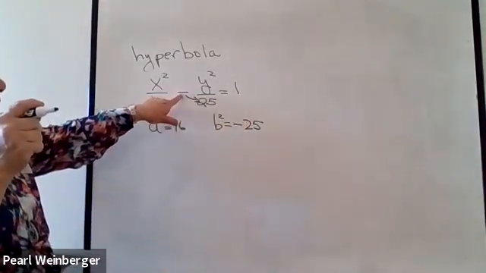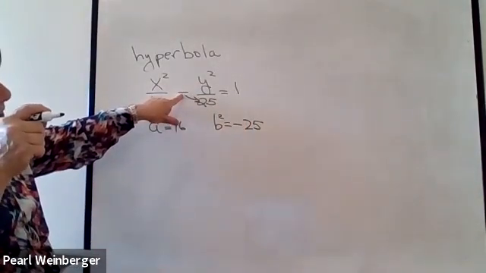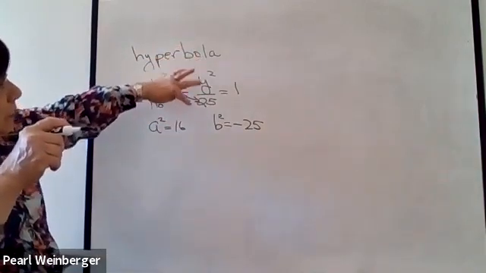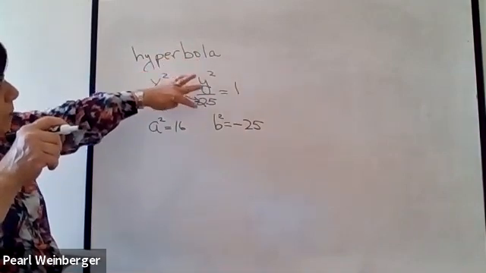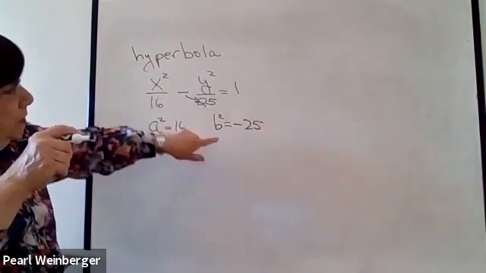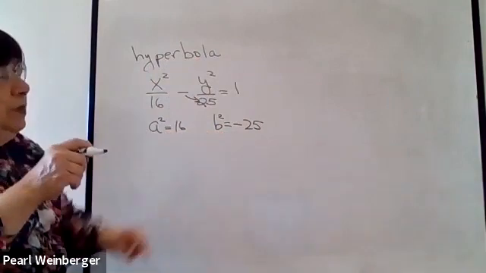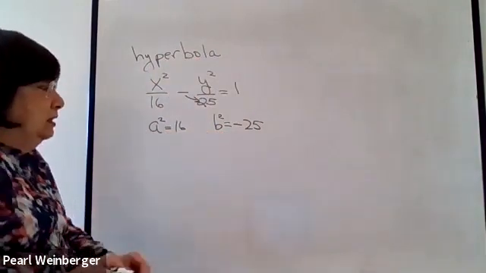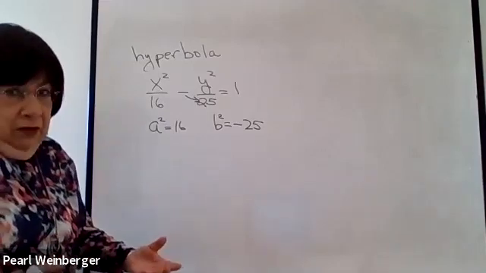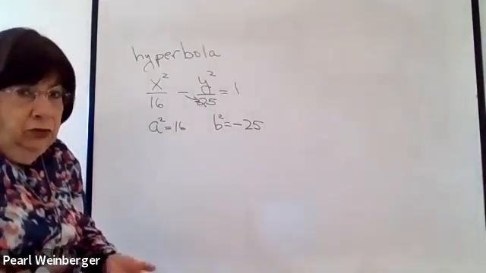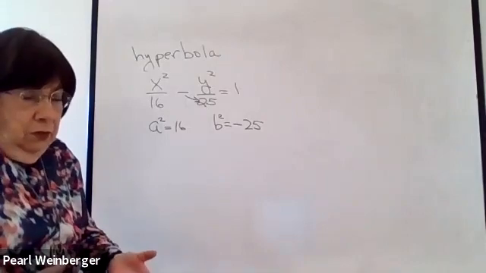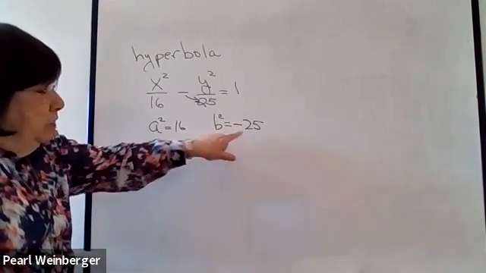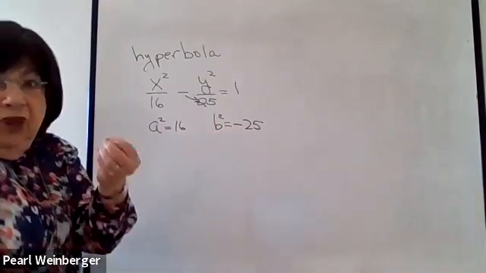Even though we put it, remember when there's a minus in front of a fraction, it could either be on the top or on the bottom. If we take this minus and put it in the bottom, we'll see that we're getting b squared equals negative 25, which means when we graph, we can only use real numbers, and the b squared being negative 25 would mean the b would be 5i.